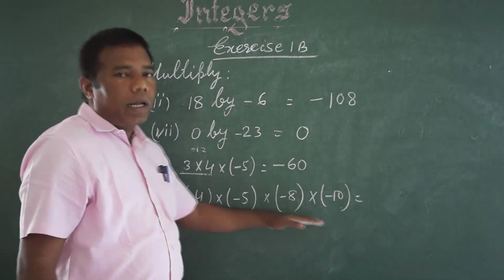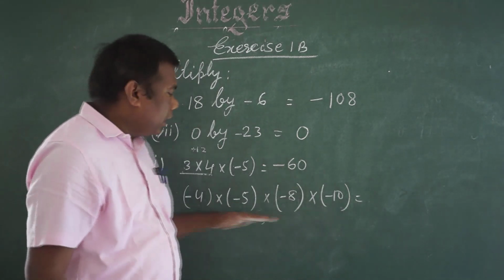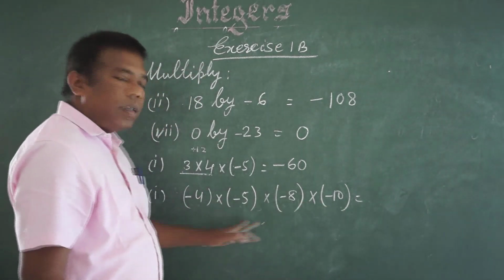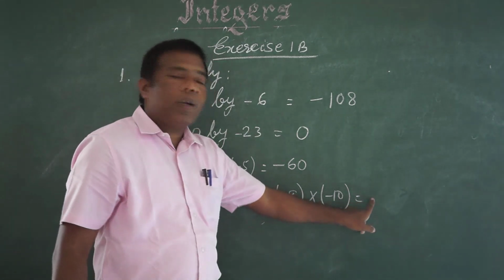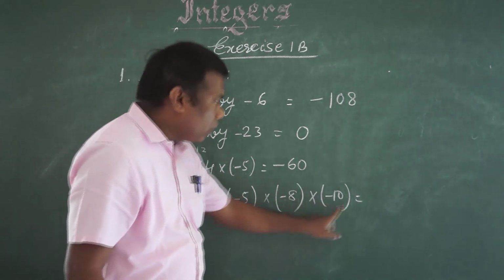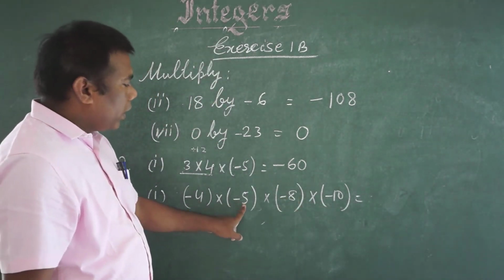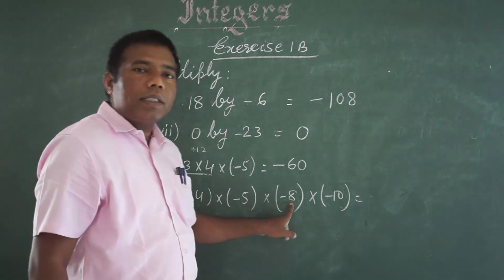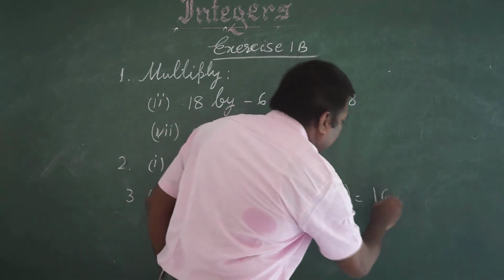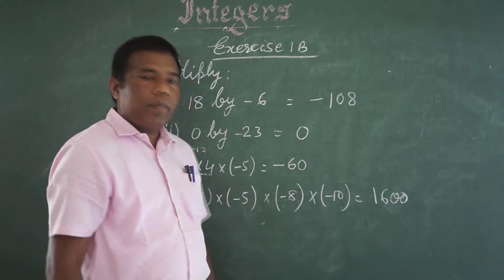If an odd number is there, like 3, 5, 7, 9, 11, 13, 17, then the product will always be negative. So here you have 1, 2, 3, 4, so the sign will be positive. Now you multiply: 4 times 5 is 20, 20 times 8 is 160, 160 times 10 is 1600. And the sign will be positive because you have 4 negative numbers.